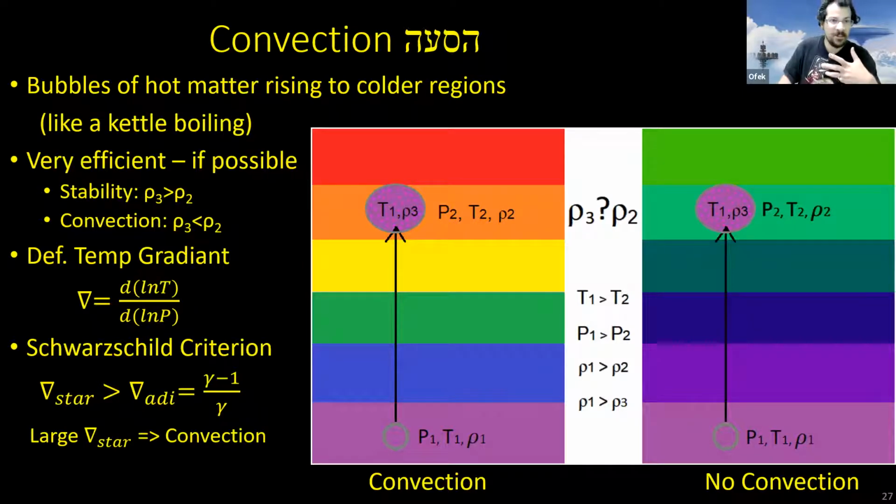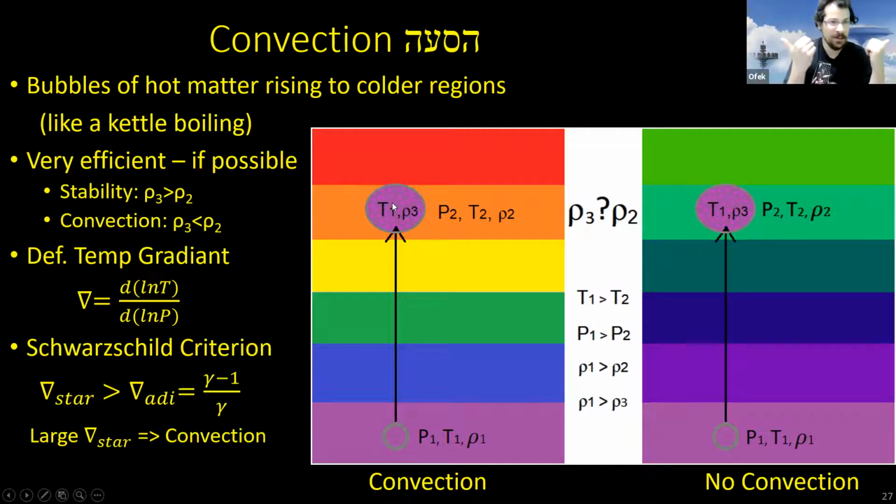What happens then if a bubble of hot matter from the purple region somehow manages to get dislodged and float up into a colder region? If it's adiabatic, you can assume that the temperature isn't changing, so the temperature remains this T1, this hot temperature.